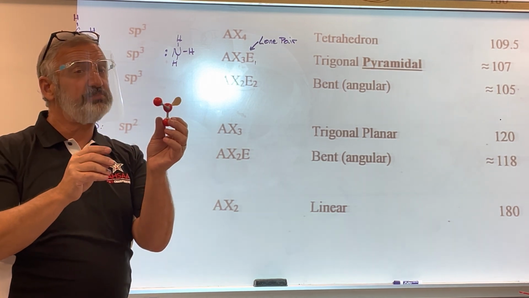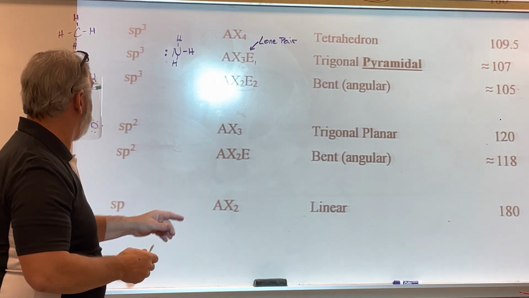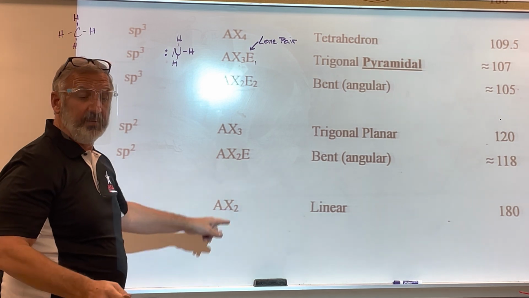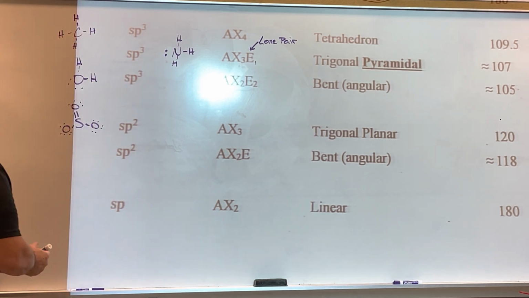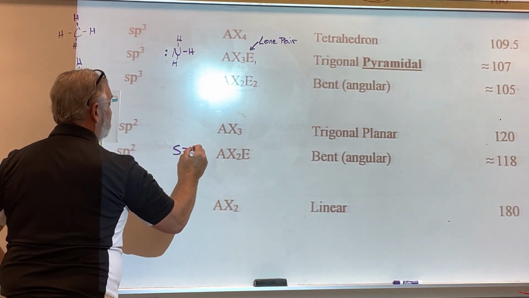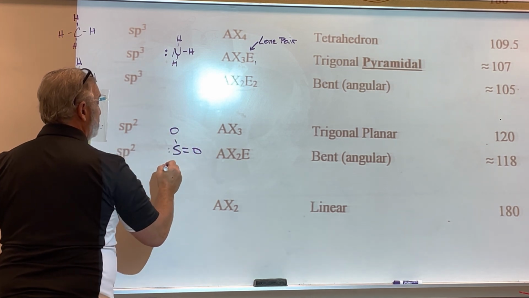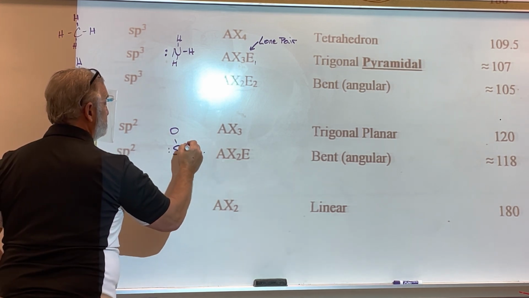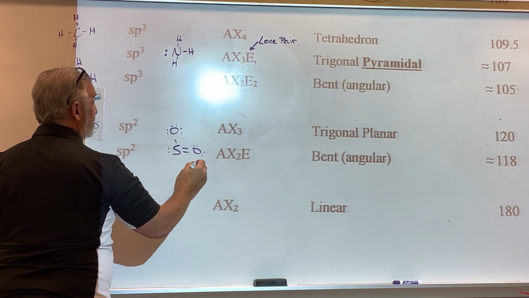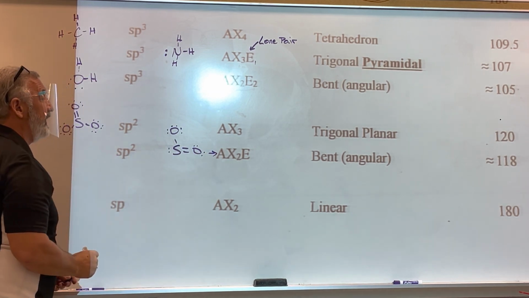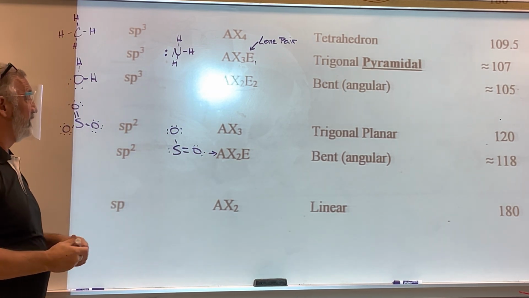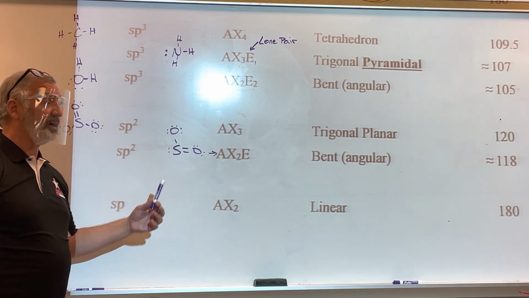So we say the shape is bent. If it's anything that has this general formula, and this would be SO2, which would look like this, with a lone pair. That's going to be AX2E. So we're just going to call it bent or angular.